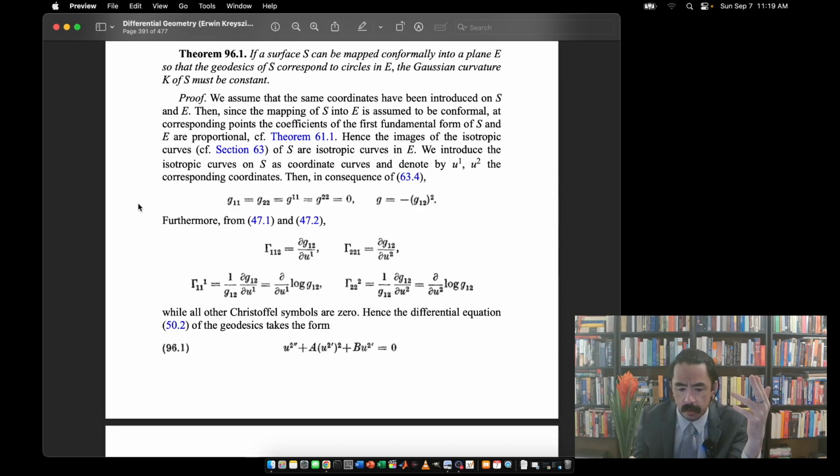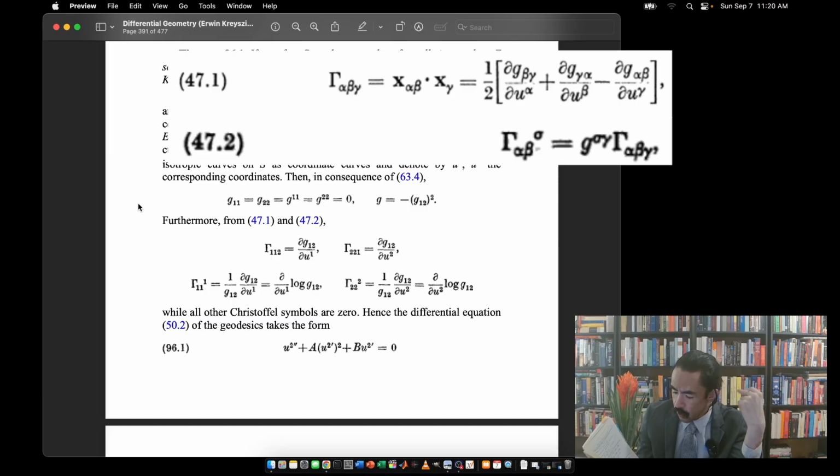In consequence of this, we have that g sub 11 equals g sub 22, which equals g superscript 11, which equals g superscript 22, which equals 0. And then we have the discriminant of the first fundamental form g equal to negative of the square of g sub 12.